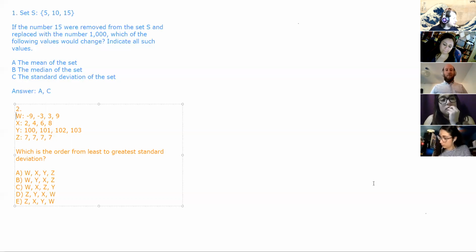Since dataset Z's members are identical, the standard deviation is 0. 0 is the smallest possible standard deviation for any set, so it must be the smallest here. You can eliminate answer choices A, B, C because of that. So everyone sees that because Z has to be the lowest, you can just eliminate answers A, B, and C right off the bat.